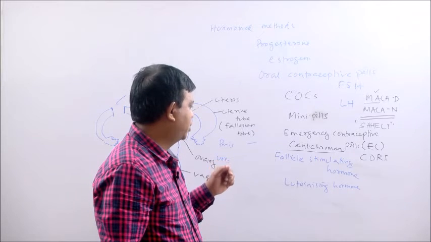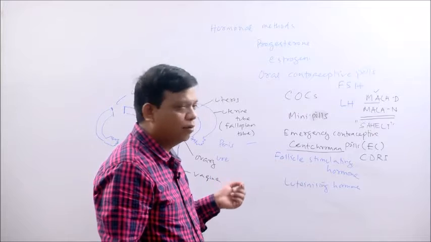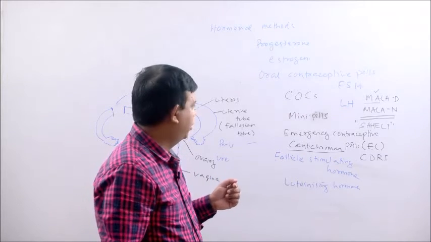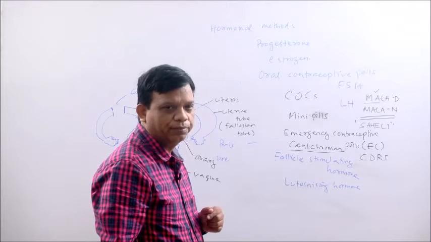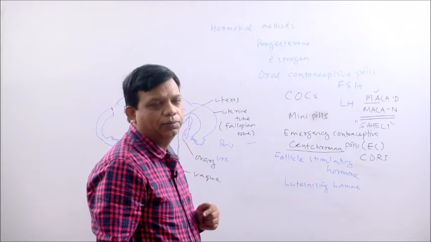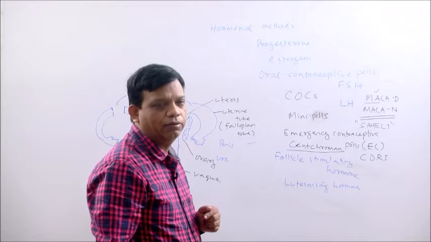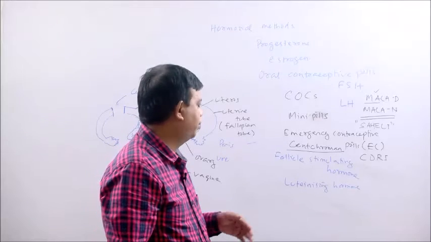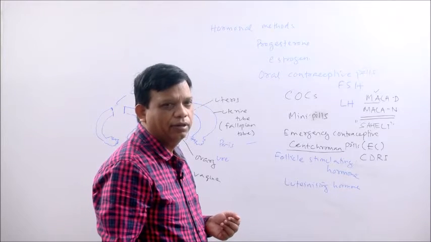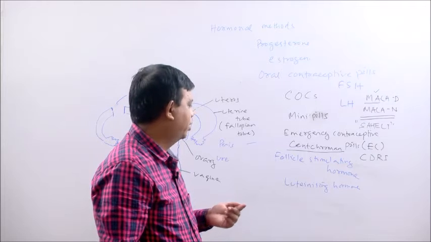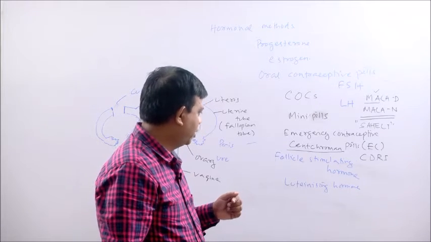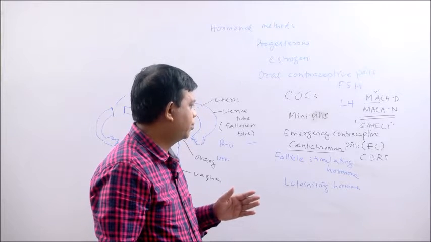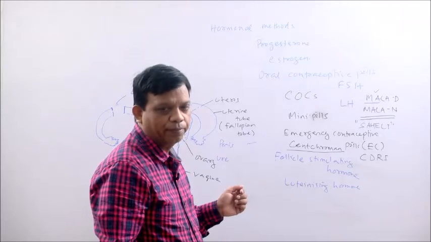This pill is to be taken within 72 hours of having unprotected sexual intercourse. This pill is very effective when taken within 24 hours of having unprotected sex. Then the next dose is to be taken 12 hours after the first dose.